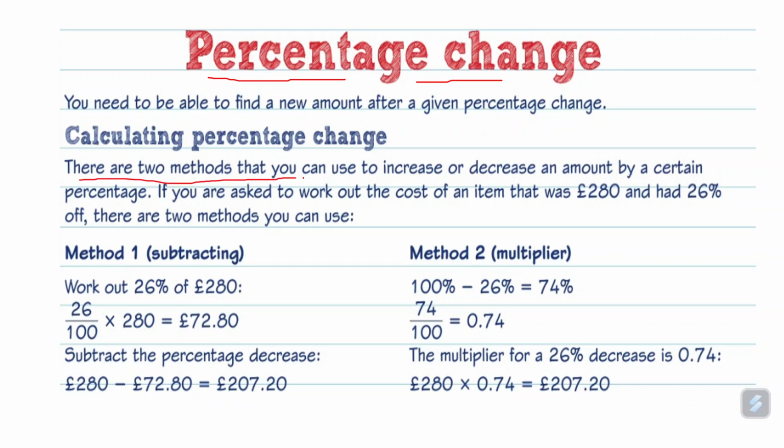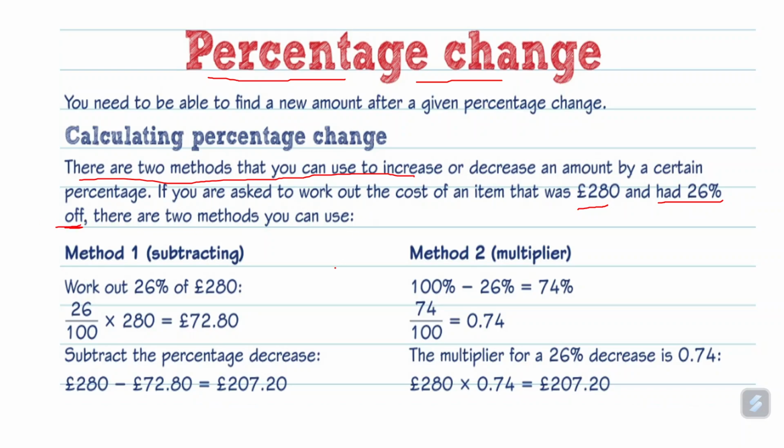There are two methods that you can use to increase or decrease an amount by a certain percentage. If you are asked to work out the cost of an item that is 280 pounds and had 26% off, look at the keyword here, and had 26% off.